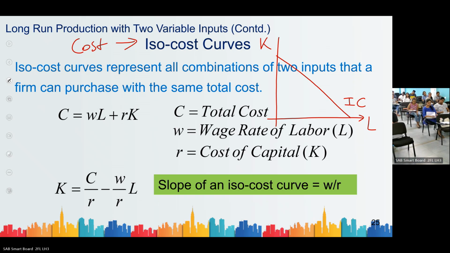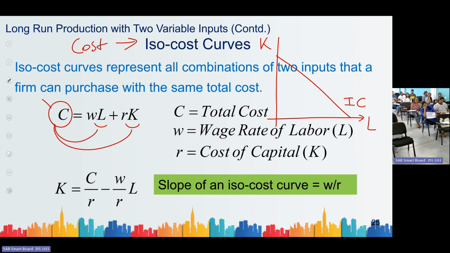So in production, the firm utilizes only two inputs, labor and capital. So total cost has to be incurred on labor and on capital. One part of total cost should go for labor and the rest of total cost should go for capital.